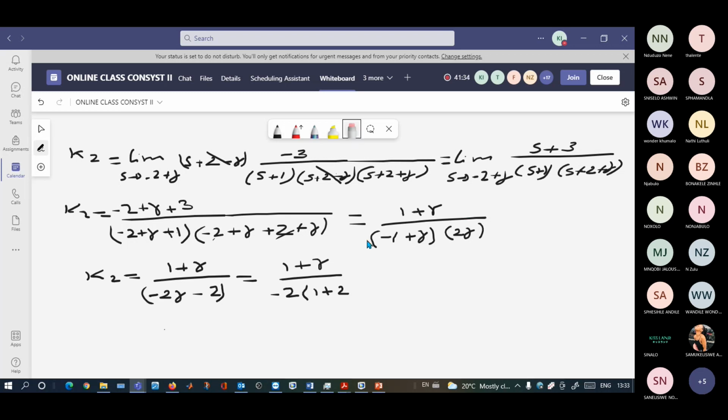Okay. So this one can cancel that one. So we're going to have minus 1 over 2, is it? That's going to be minus 0.5. Are we together? No. What is your problem now?